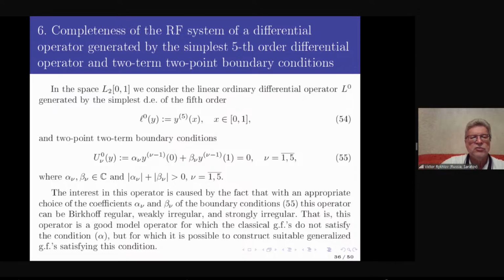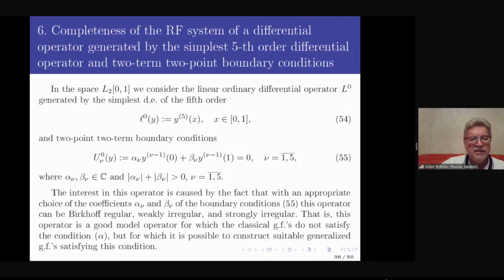In the space L2(0,1), we consider the linear ordinary differential operator L0 generated by the simplest differential expression of the fifth order 54 and the two-term boundary condition 55, where the coefficients are complex numbers and modulus alpha nu plus modulus beta nu is greater than 0, nu from 1 to 5.